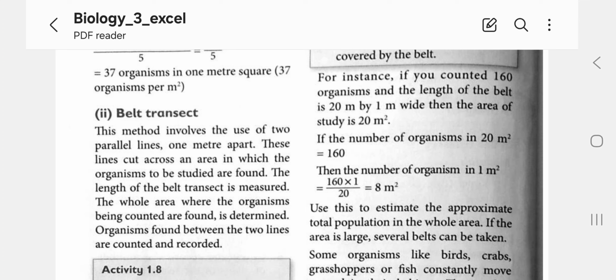What normally happens is the same thing, only that in line transect we use a single line or a single loop that passes or cuts across the area that you want to study your organisms, while in belt transect, we just use two lines.